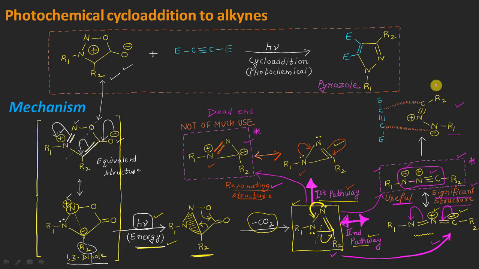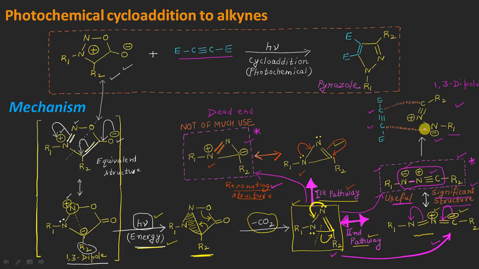So it will be acting as our 1,3 dipole type of molecule, and we are adding here a dipolarophile, which is a symmetrical type of alkyne. So as usual, the negative end of the dipole will be interacting with this carbon atom because it is symmetrical. There are no issues of regioselectivity. Both the carbon atoms are same here.